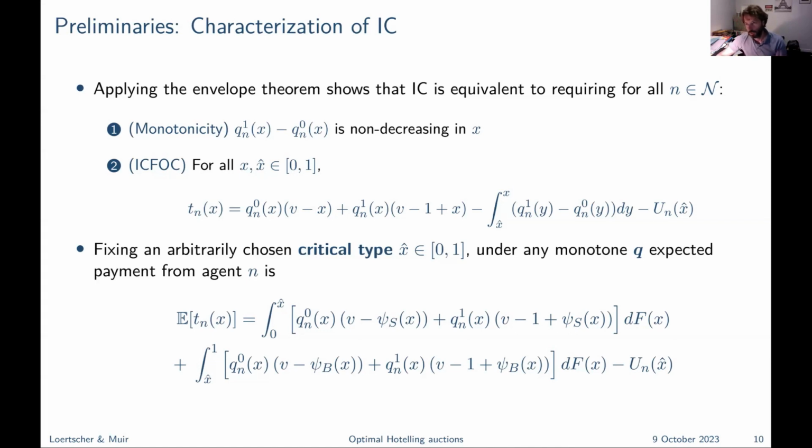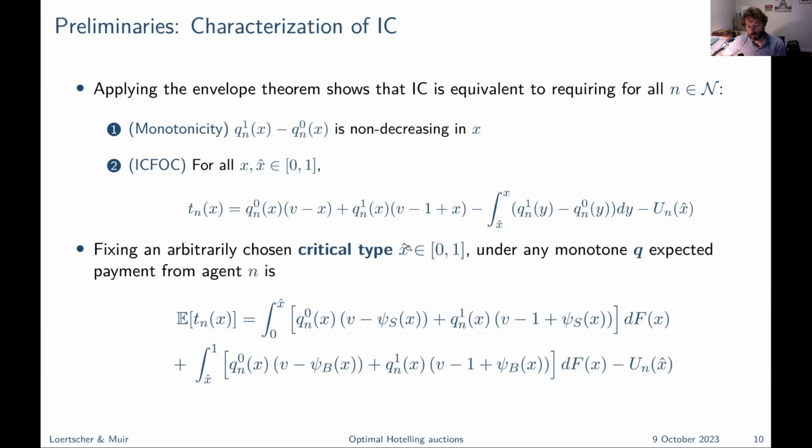So as you report a higher type, you must be weakly more likely to get good 1 rather than good 0. So this only restricts the difference between the two allocation rules, and in the problem where we have partial market coverage that creates additional degrees of freedom that are a little bit tricky to take care of. And then the second part is that the allocation rule pins down the transfers by this envelope theorem kind of formula.